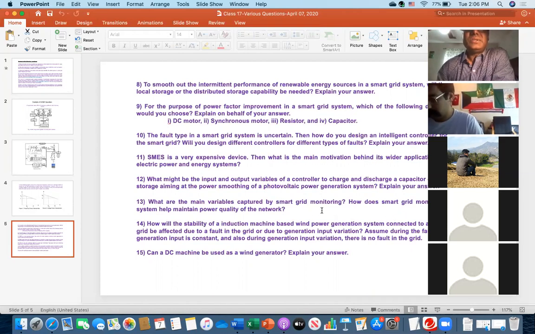So the first part of the question, what are the variables? You just need to tell the names of the variables. Second part, how does it help? So this means that it is just watching. It is comparing with the previously set values or the reference values of those variables. And if there is any change or discrepancy, then the SCADA is making some decision and sending the decision to various controllers placed throughout the network.